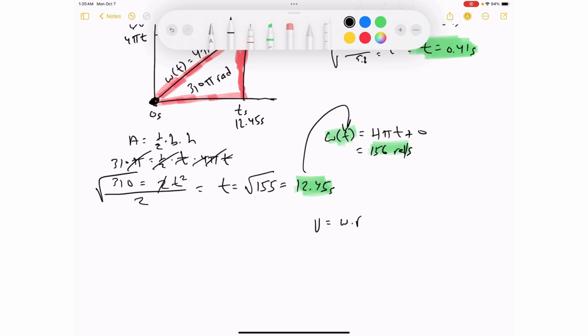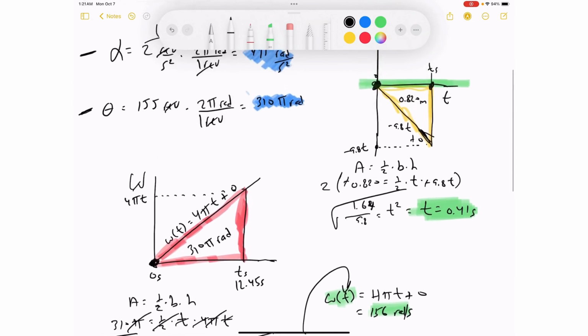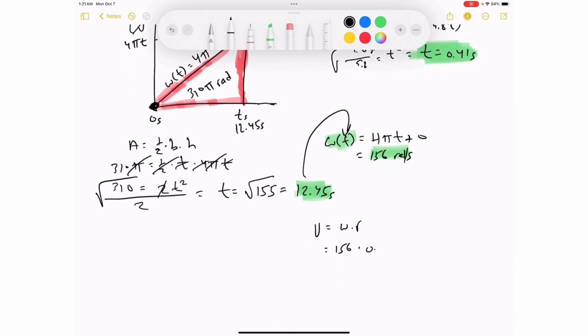I have omega, 156 radians per second, times the radius, which was already given up here, 0.12 meters. If you do that, you get the linear velocity, 18.72 meters per second.